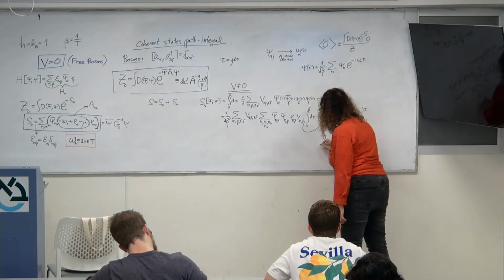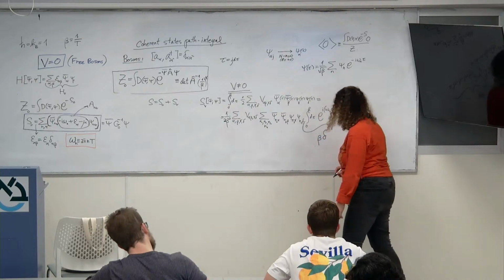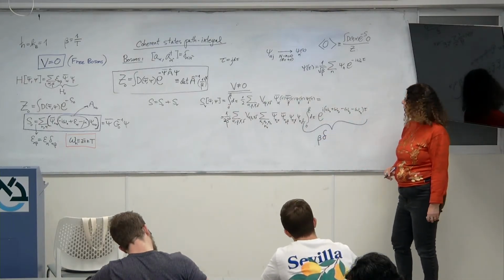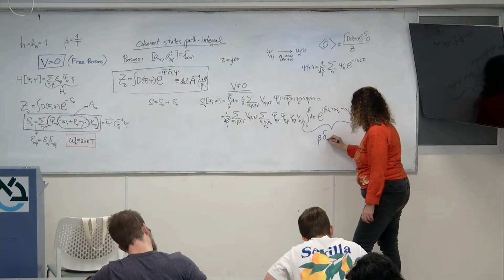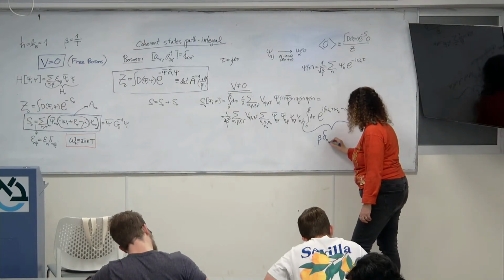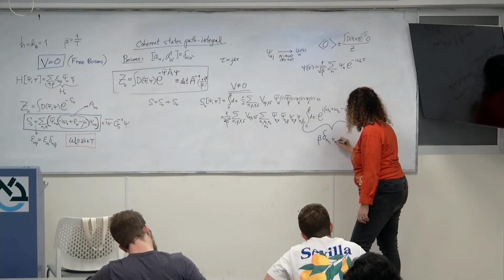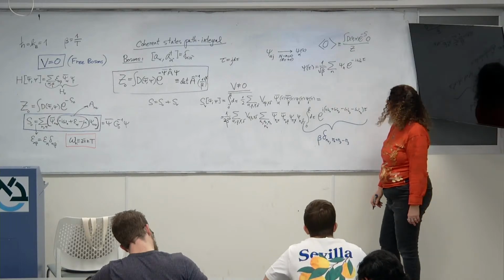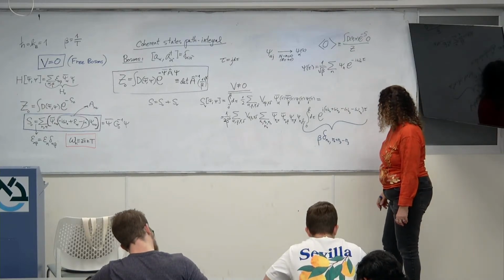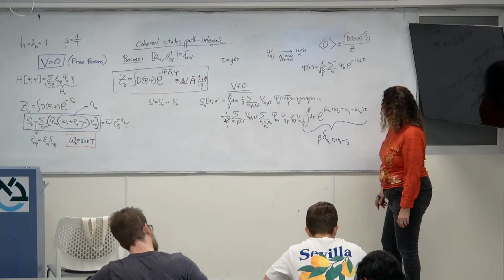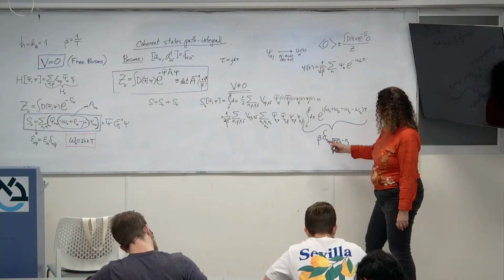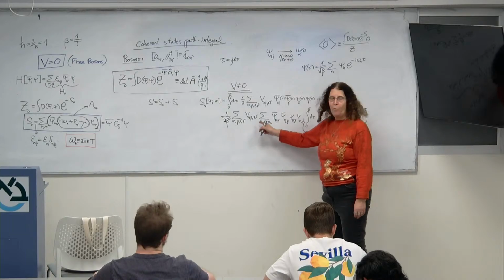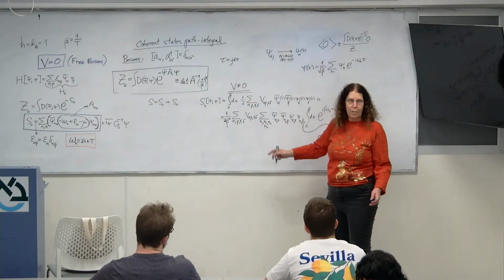So first of all, it will give a factor of beta, okay? Then there's a delta of n4 with n1 plus n2 minus n3, okay? And therefore it only reduces the sum over 4 indices to 3.